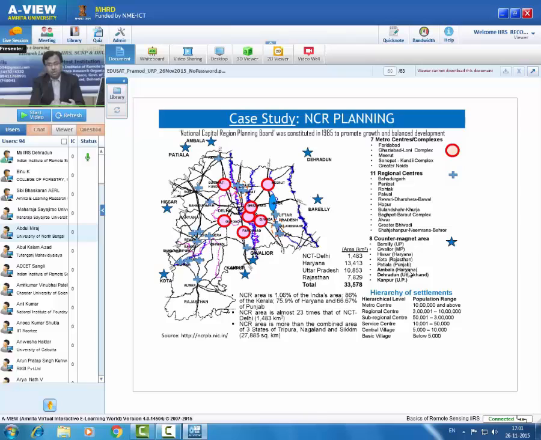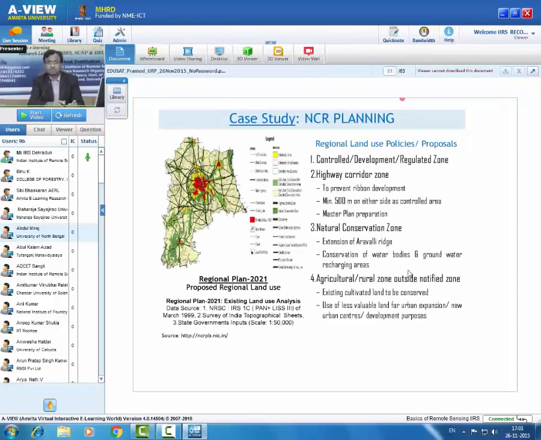And when you take regional planning in the right context, once the urban planning came into being, the urban population within NCT Delhi is slightly lesser, and the pressure on Delhi has slightly decreased compared to before the NCR planning approach was taken.